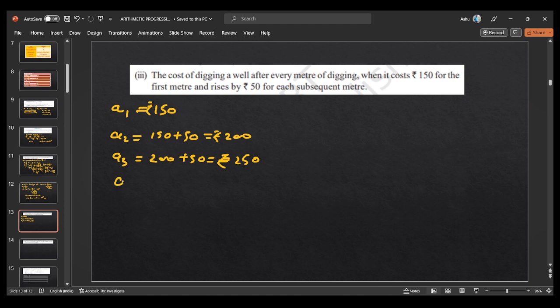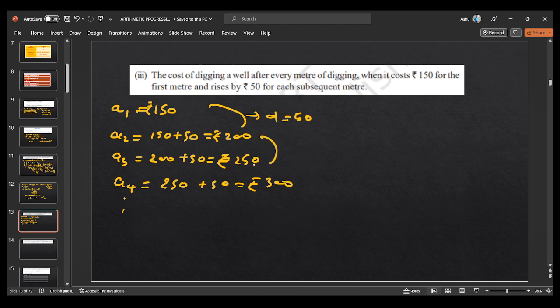Clear? Now A4 will be 250 plus 50, then it will be 300 rupees. Okay, and so on. We are getting the same common difference between these. The difference is 50.